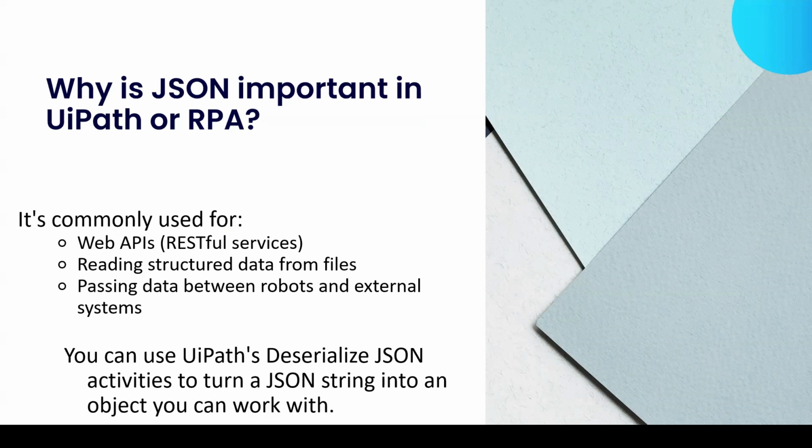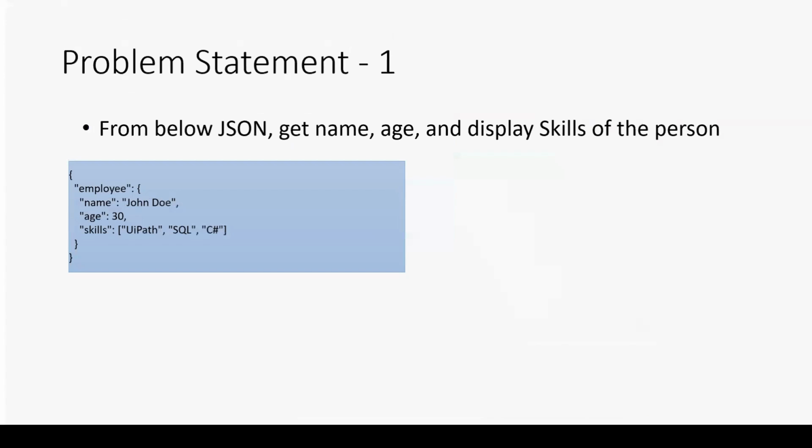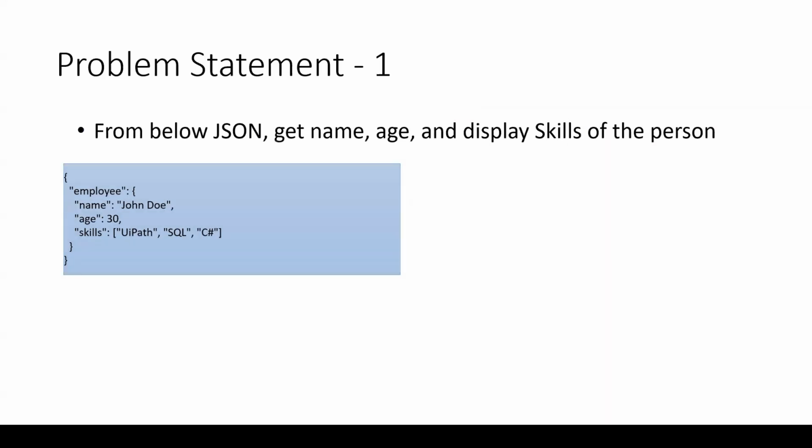You can ignore this point that I have mentioned over here, that you can use the UiPath Deserialize JSON activity to turn a JSON string into an object you can work with. I'll explain this information in detail while working on a problem statement, right?